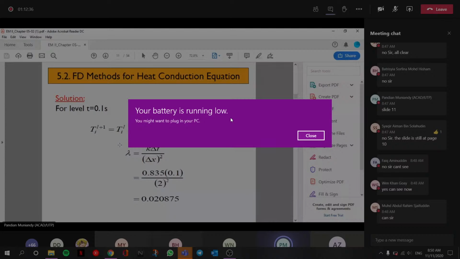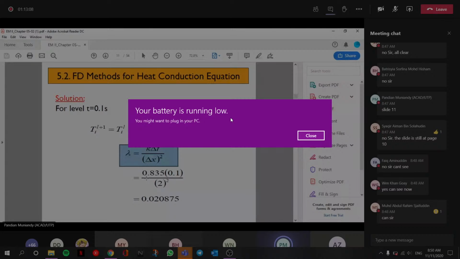All of you take your calculator now, because every time when you solve this problem, you must calculate the lambda. The calculation of lambda is very simple. Take the value of K. You cannot create your own value. It's given already, 0.835. Put the value in your calculator now and do the experiment. This is what we call numerical experiment at laboratory.